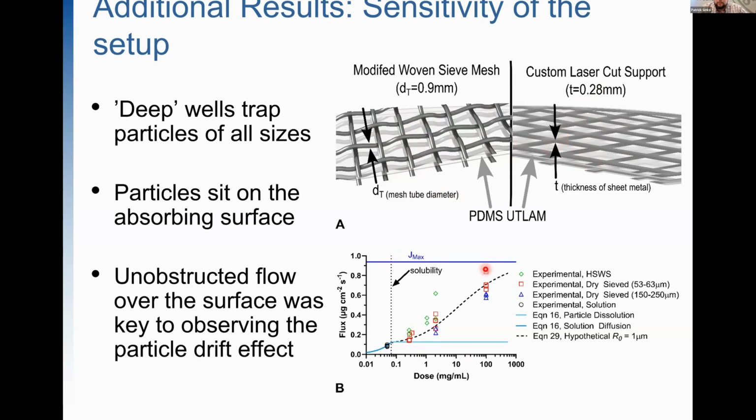And what we saw was when particles were getting trapped in these wells at the surface with the same concentration boundary layer thickness, the particles actually responded with a particle drift-like effect, where we see this increase in the measured flux, but we lose the dependency on the particle radius. Again, because we're basically pinning those particles to the surface and creating those point sources of mass at the surface, you get this enhanced flux. But because they're not moving, they're not convecting with the solution, then you lose the size dependency.